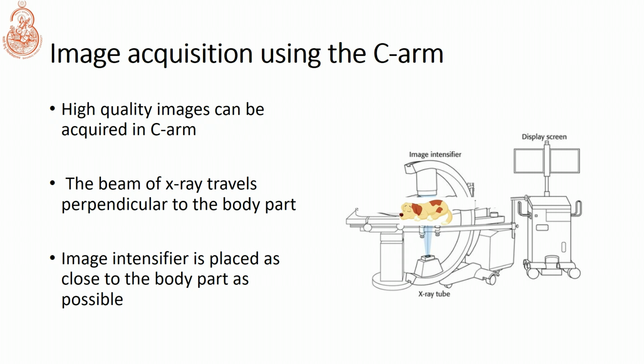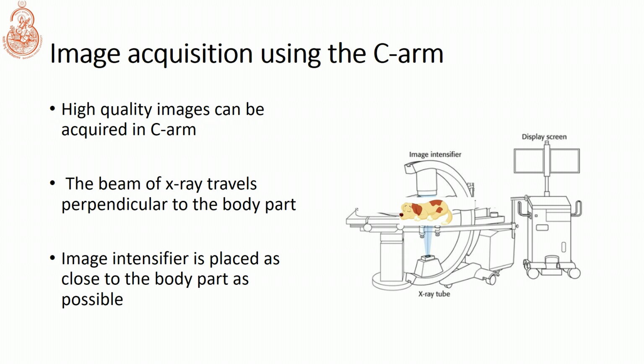How do we acquire the image using a C-arm? When we use a C-arm, we get a high quality image, and the beam of X-ray travels perpendicular to the body part, which means that I have to place the patient on the table and the X-rays shall move perpendicular to the body part that I am interested in, and the intensifier is placed as close as possible to the body part.